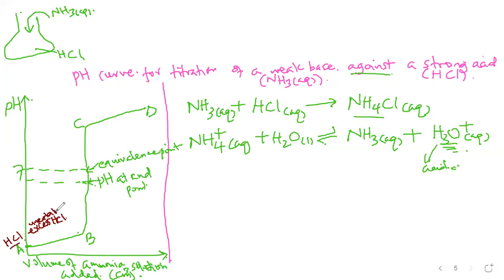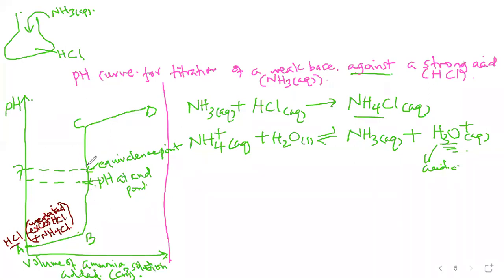Since we have added some ammonia solution, there is also some ammonium chloride that has been formed. Does that constitute a buffer? No, it doesn't. So there we cannot talk of a buffer solution.